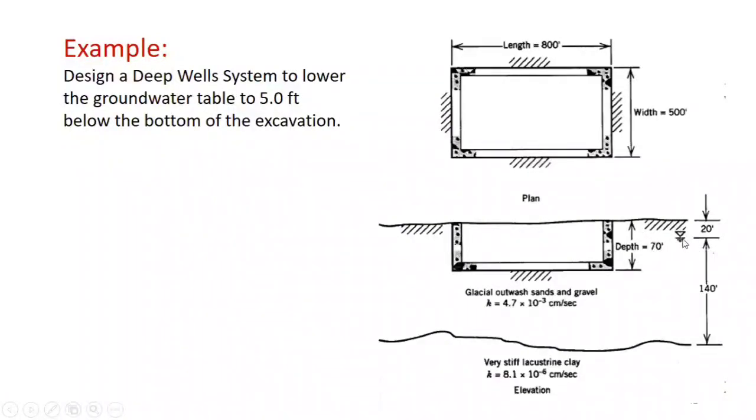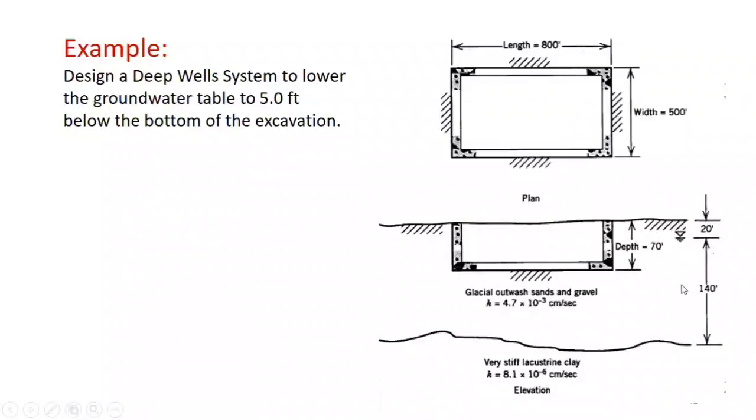You can see the groundwater table is at 20 feet. So this means at least 50 feet of lowering of the groundwater table. Along with that, the requirement is that you lower the groundwater table to 5 feet below the bottom of excavation. So 50 from here and 5 is this one. You need to design a system which will lower the water table by 55 feet.